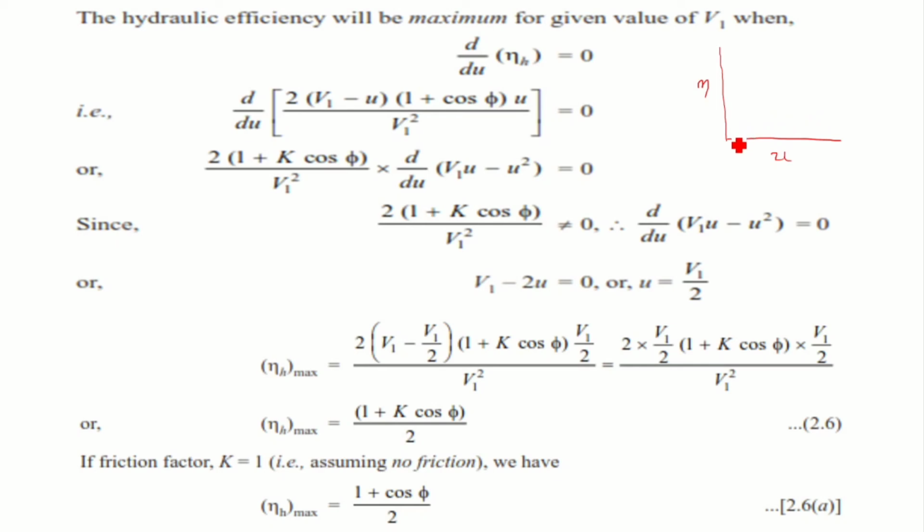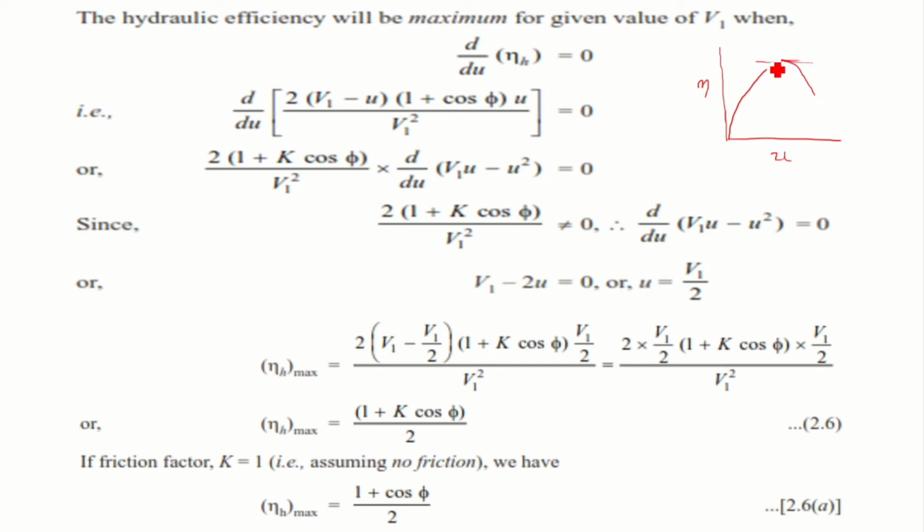If the velocity of the wheel increases, the efficiency also increases like this, and after reaching a certain point, the efficiency will decrease. So this point is the maximum efficiency point.